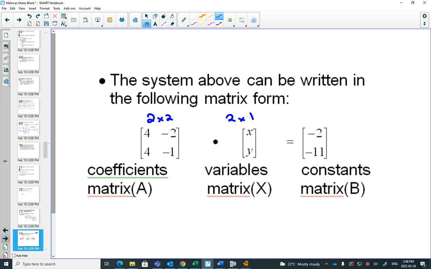And if you multiplied them together, you would get a 2 by 1, and you would get 4x minus 2y for your first one, and you would get 4x minus y for your second one, which is exactly the equations we had to start with. So we first recognize that what we've written with matrices is identical to what we started with.